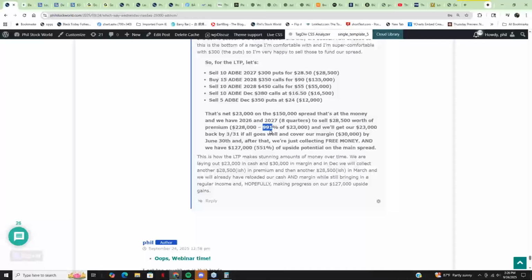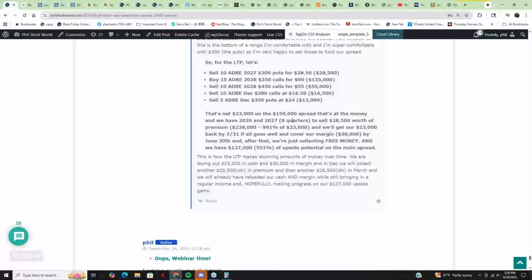So we're going to get our $23,000 net back in the next sale, not this sale. This sale includes the $23,000, right? But in the next sale of $28,000, we're going to have a net of 0. And on the trade after that, because I already checked the margin, it has $30,000 of margin right now.